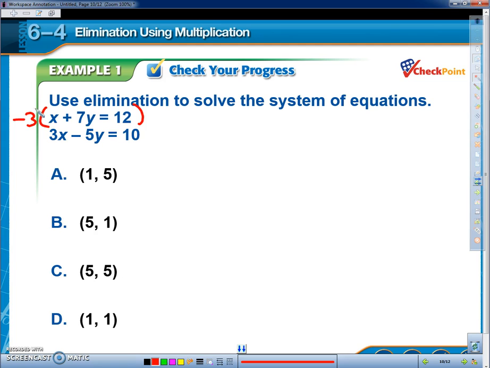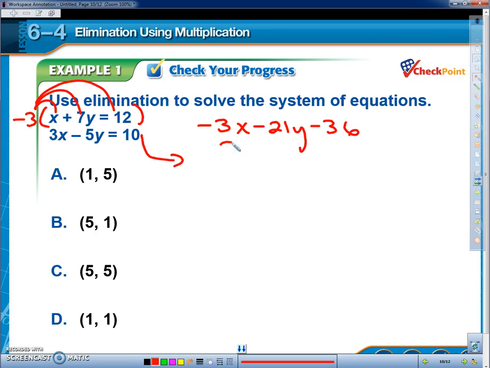Okay, so if we distribute -3 to everything on that line, we're left with -3x minus 21y minus 36. And we're just going to move this one. It's not going to change.